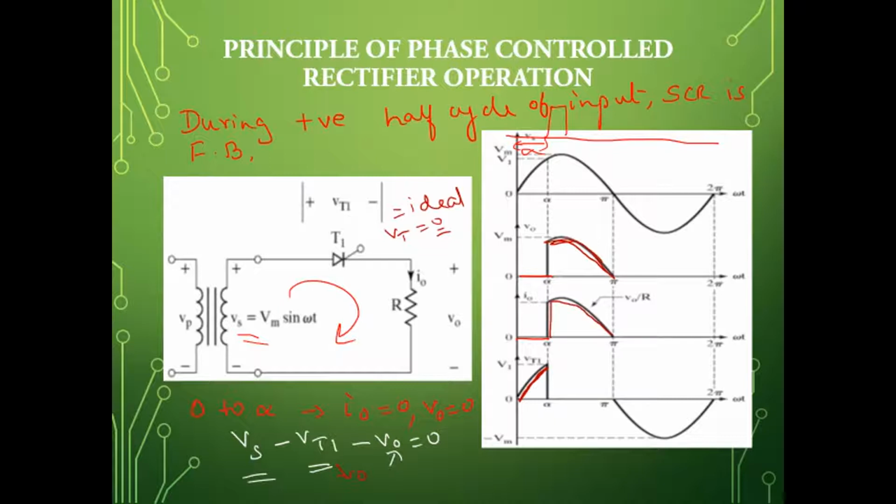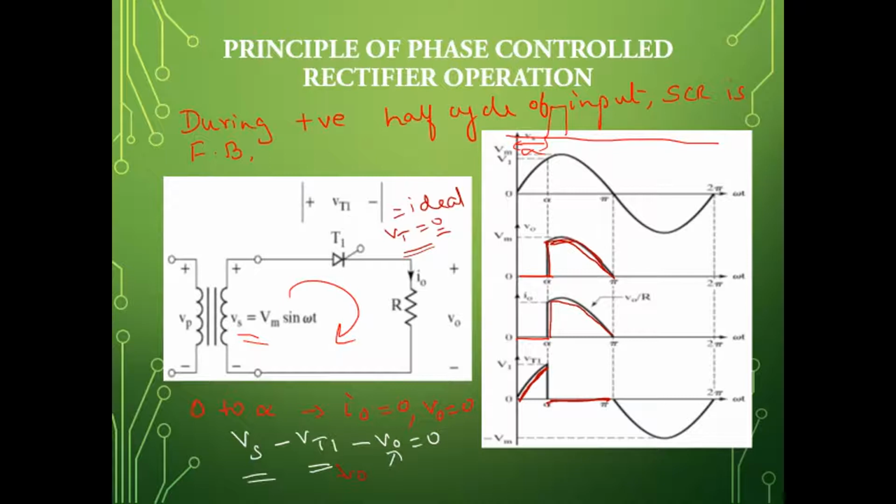And what is voltage across the thyristor when it is conducting? It is 0. Got the point? So this is how it works. So for positive half cycle, when the thyristor conducts, the output is same as that of the input once we apply the gate signal.